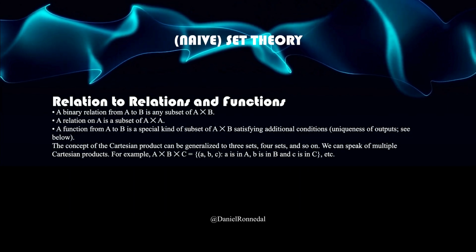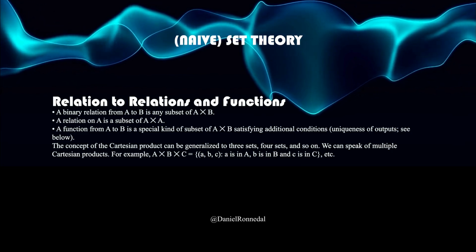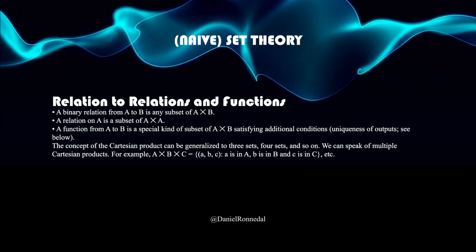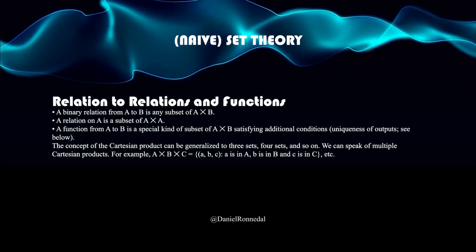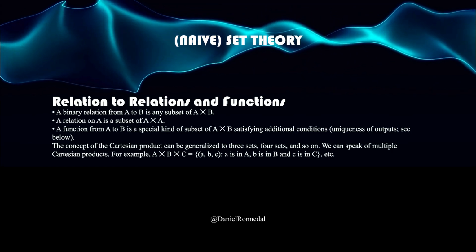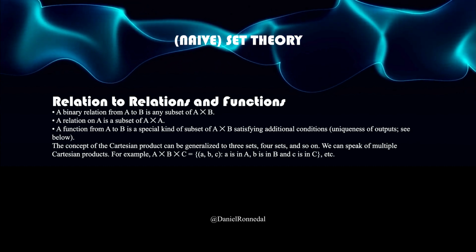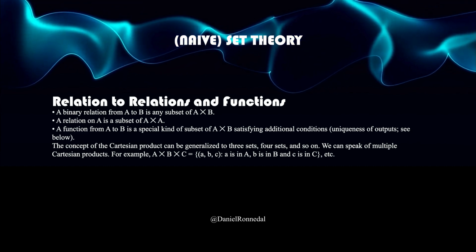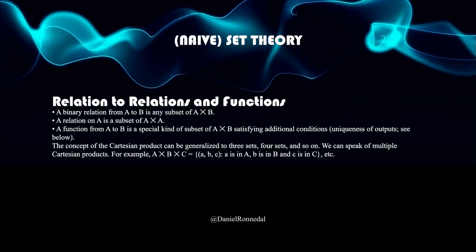A binary relation from A to B is any subset of the Cartesian product of A and B. A relation on A is a subset of the Cartesian product of A and A. A function from A to B is a special kind of subset of the Cartesian product of A and B, satisfying additional conditions. We will say more about this later.